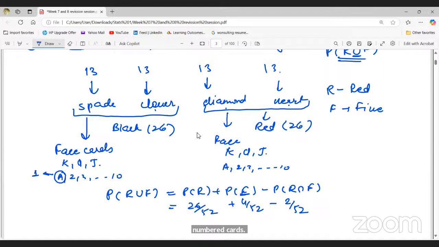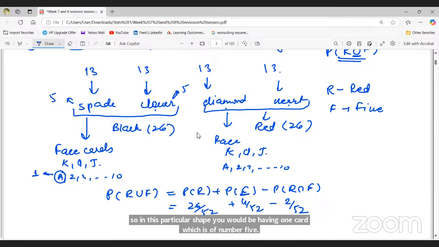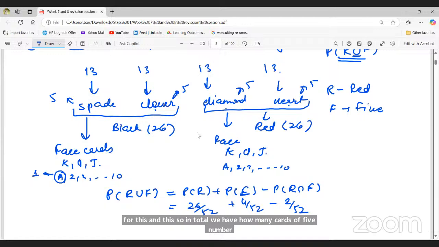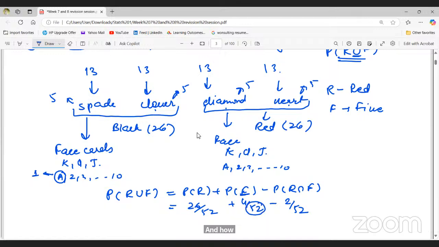So in this particular shape, we have one card of number 5. Similarly for this shape, and this and this. So in total, how many cards of number 5 do we have? 4. And how many total cards are there? 52.